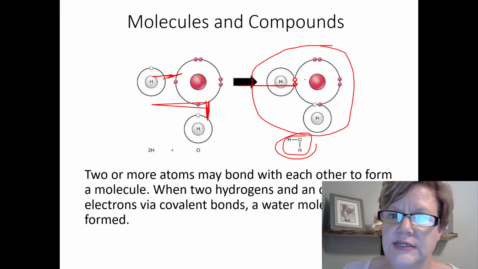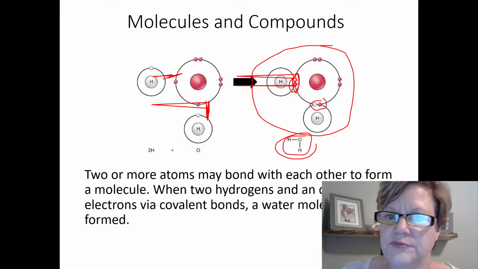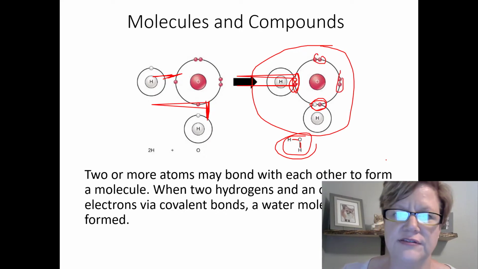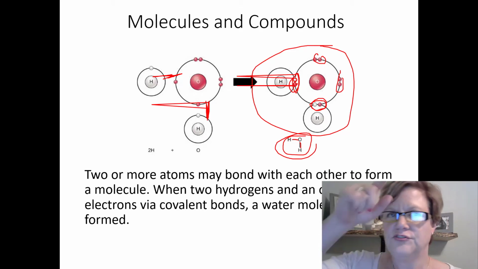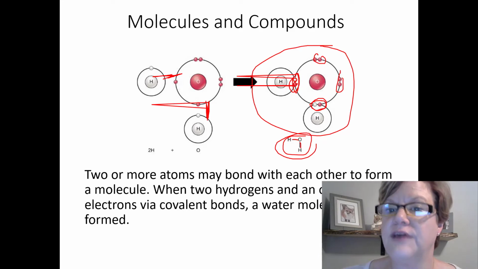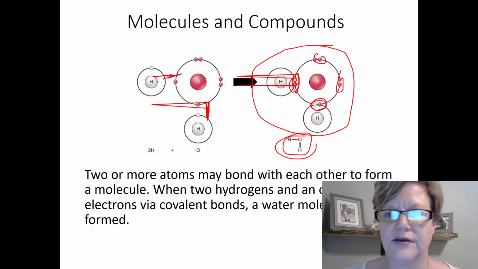So you can see that there are 2 electrons being shared here and 2 electrons being shared here. So this line represents 2 electrons and this line represents 2. And then the other electrons for oxygen we don't necessarily need to draw. You may see them in some books drawn, but a bond is a straight line, and that indicates a covalent bond, not an ionic bond.